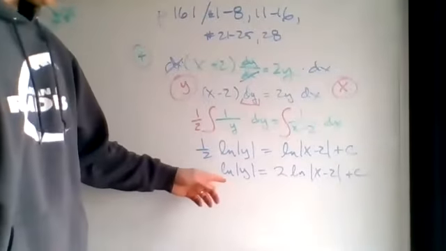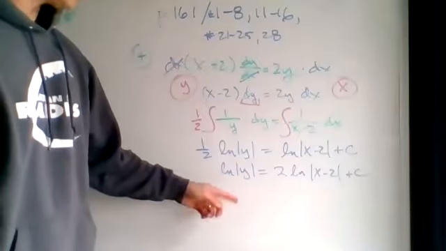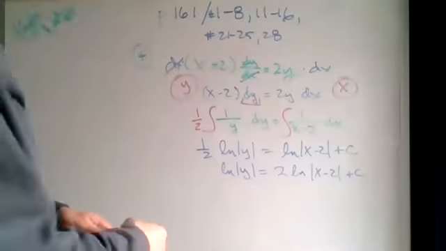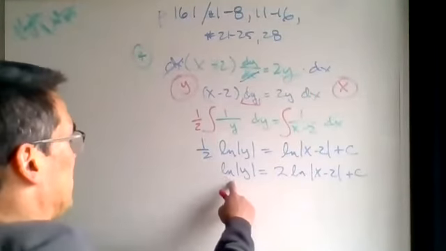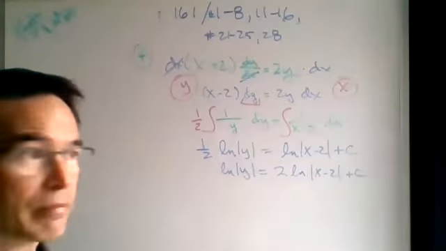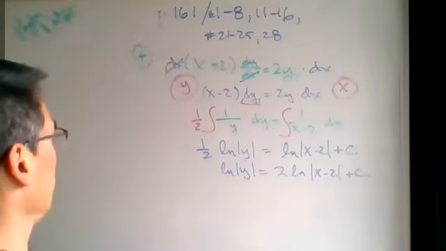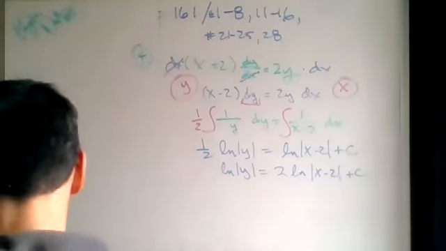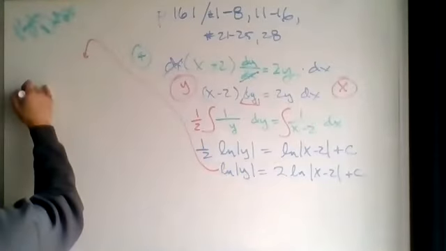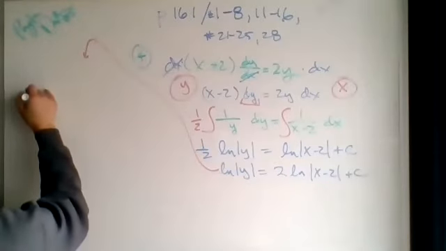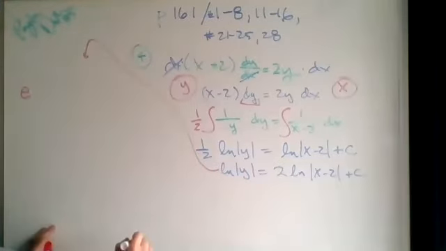So right now it is in log form, and now I'm going to shift it to exponential form, okay? So if I look at this part right here, my base is e, because natural log is base e, logarithm, right? And so let's see this over here. So I'll go right here. So now I have a base e, right?